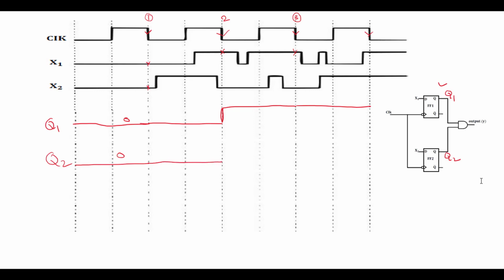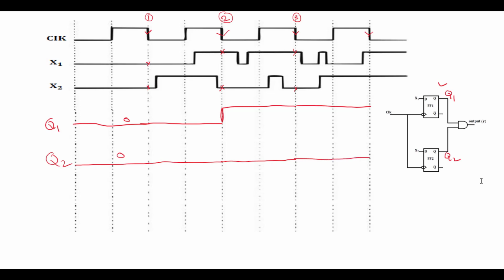At clock edge 2, the X2 input is logic 0, so the output is also logic 0. At clock edge 3, the X2 input is logic 0, so the output will be logic 0.